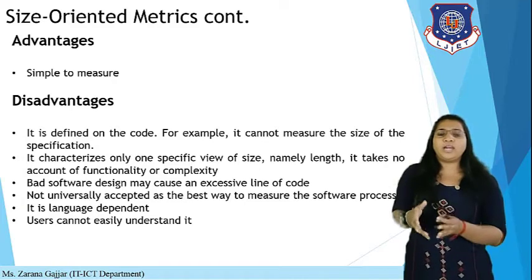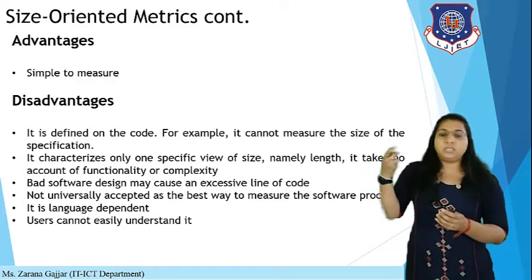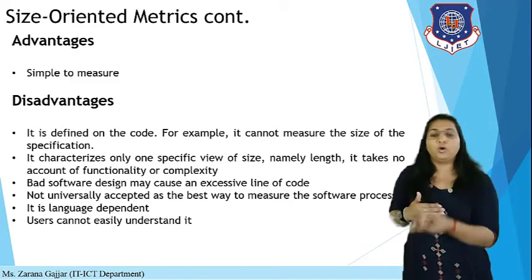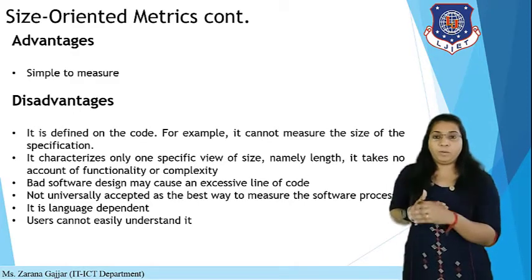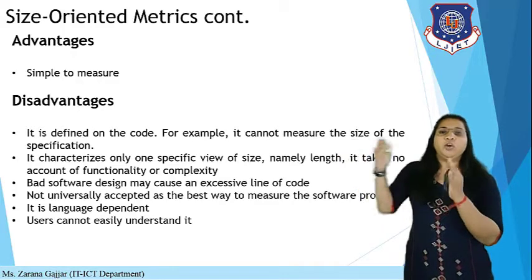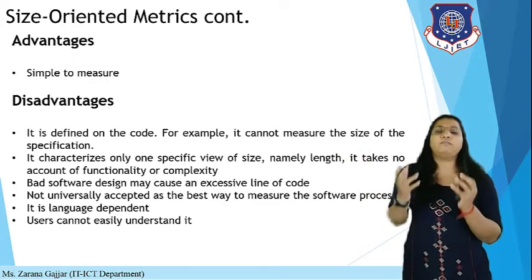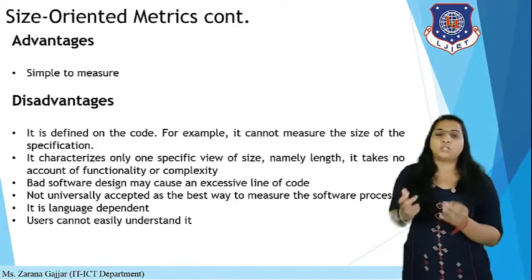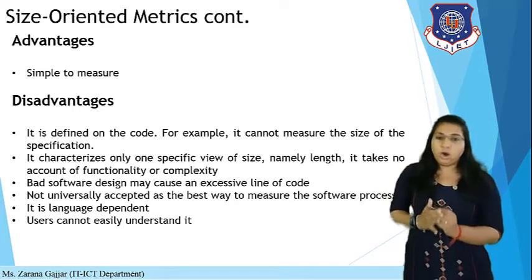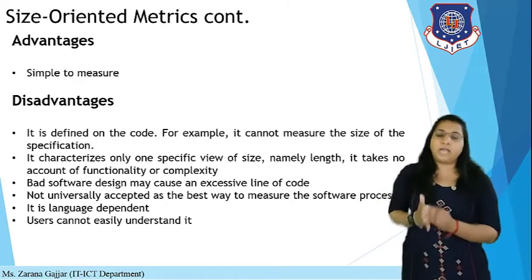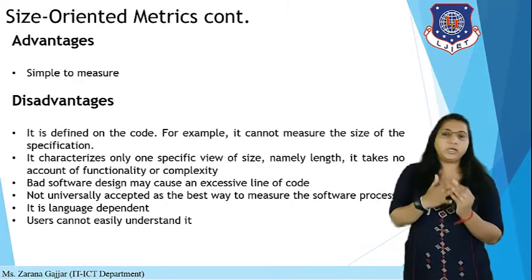Here you calculate effort, cost per effort, who the person is, and how many lines of code he or she is developing. Finally you come up with the final estimation or final cost of that particular software. This is one of the earliest techniques for calculating software product size.